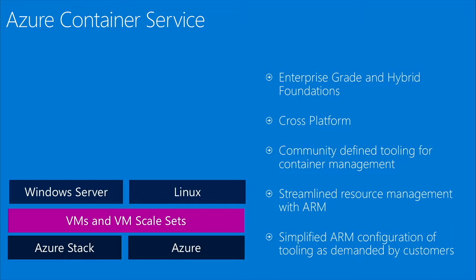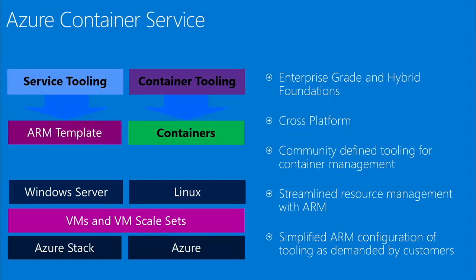You can bring your own operating system image out of any of the images that I showed you, or you can create your own images with your own code baked into them, and then bring your own container technology. Now, we're going to have some container technology built into the Azure Container Service, and that's what we have there called service tooling. That is the Azure Container Service resource provider.